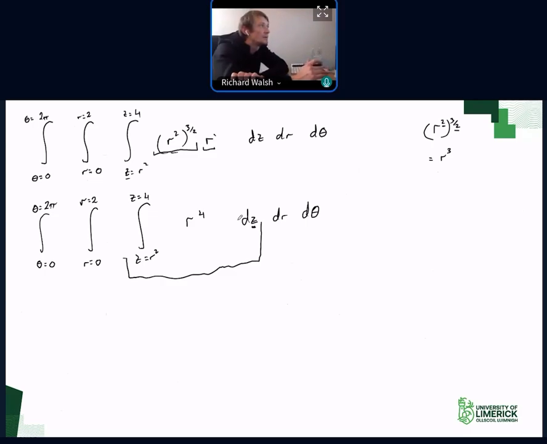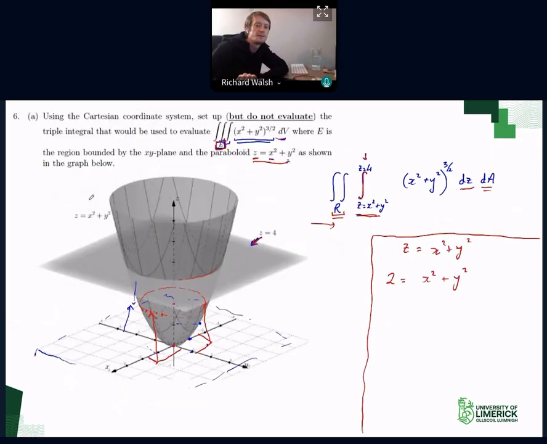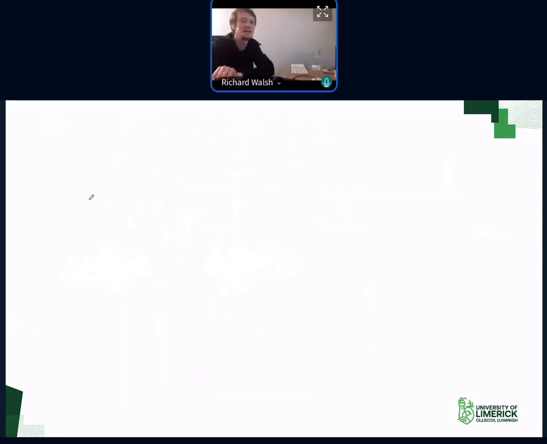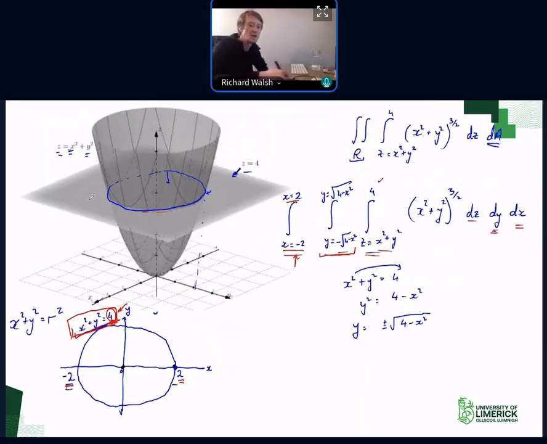Limits for y, how did it become? Sorry, that's not y, that's r. So r is the distance from the origin to a point. So when we looked down on it here, r, the distance on that projection to the point, is 2. So it goes from 0 to 2.